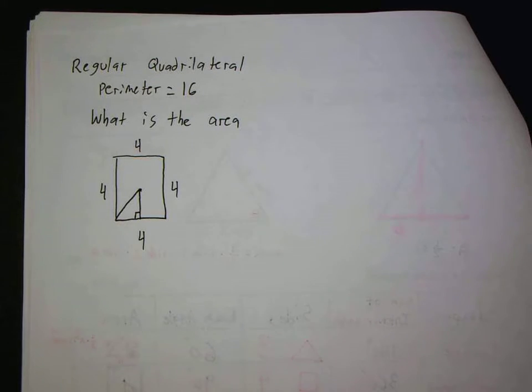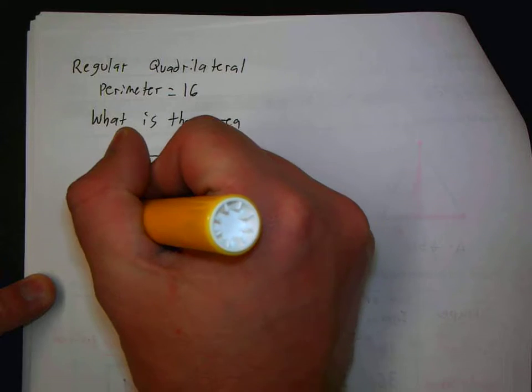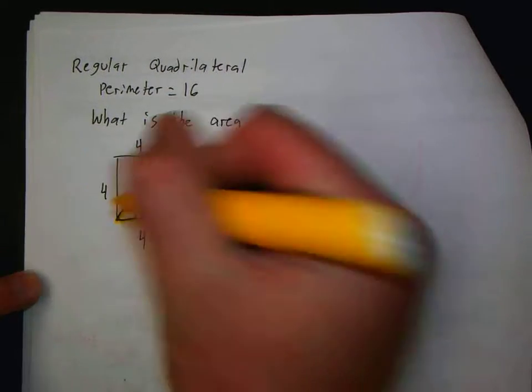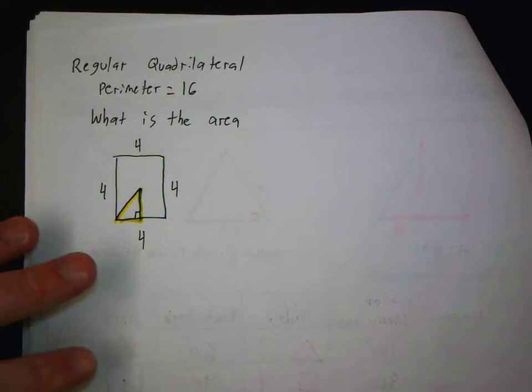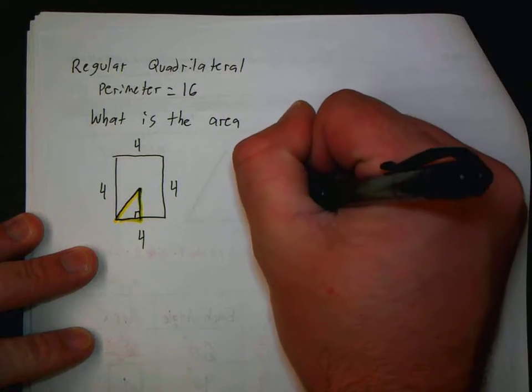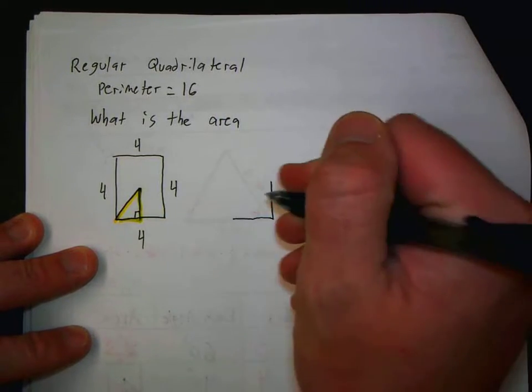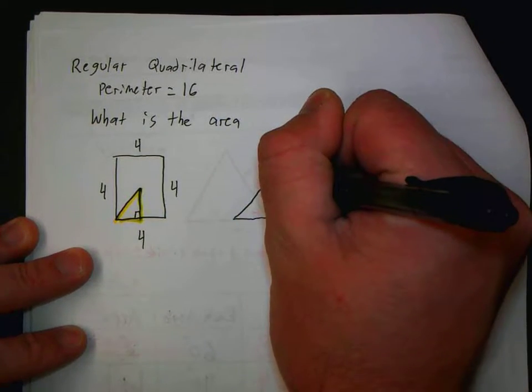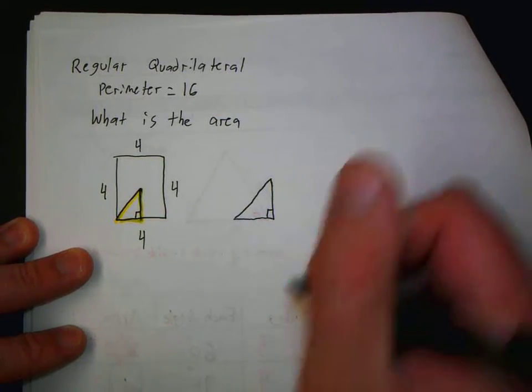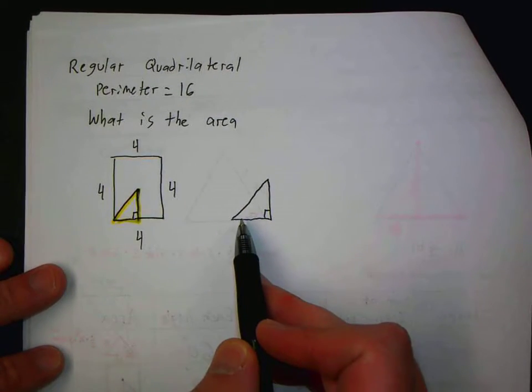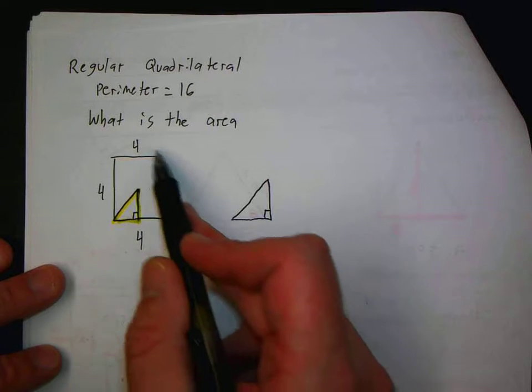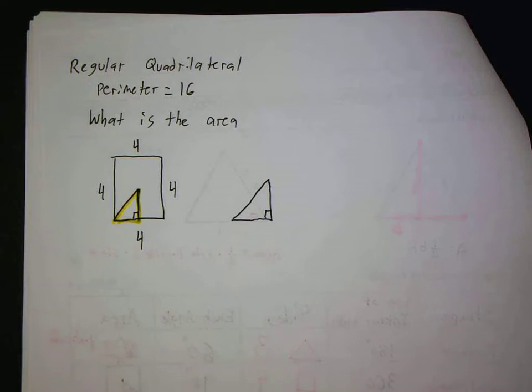So essentially what I'm going to do is I'm going to take this triangle right here and recopy it just to work with. So imagine that is that. And how many of these triangles fit in here? Any idea?